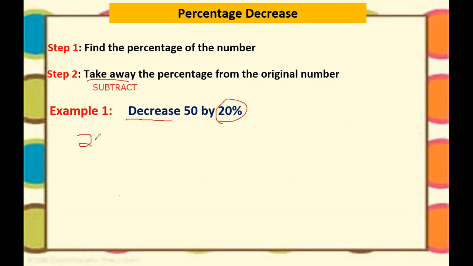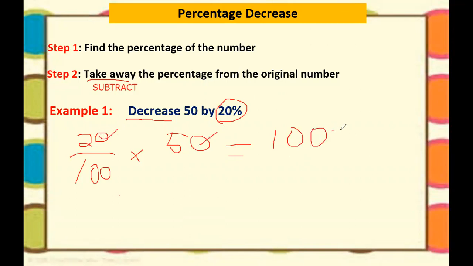So let's do now 20 over 100 times 50. Equals. So 2 times 5 is 10. How many zeros? 1, 2. So we will add 2 zeros, divided by 100.